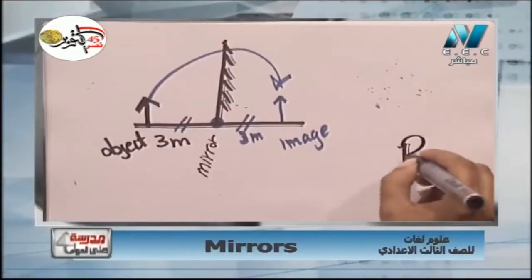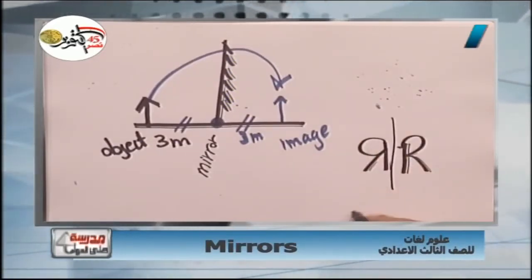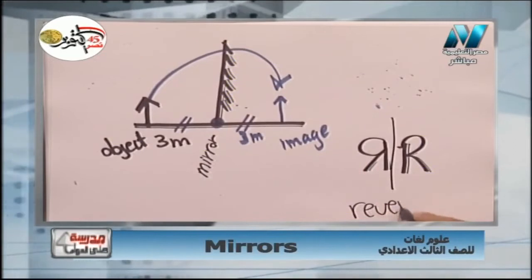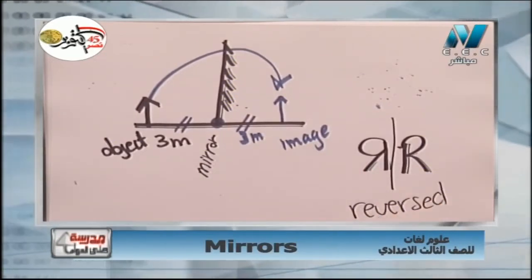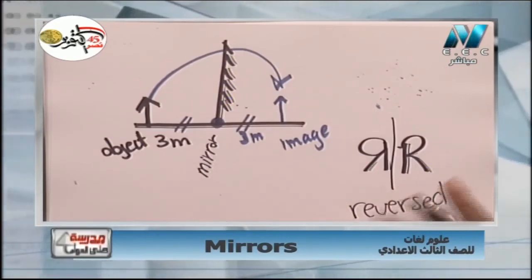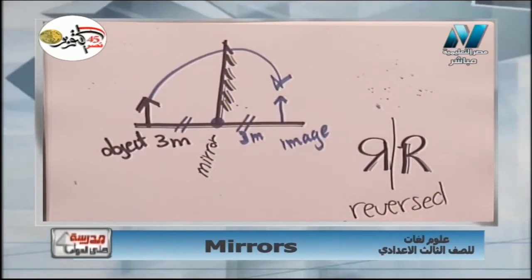The driver in front of the ambulance car will see it correctly. If we have a letter like this R, it will look reversed in the mirror. We call it laterally inverted, which means inverted from the sides.